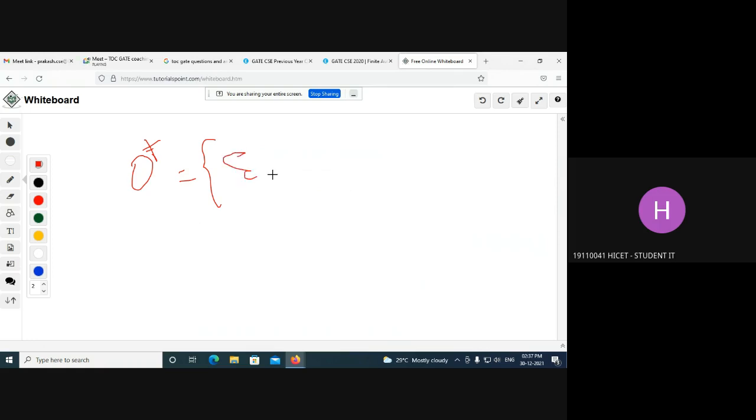Epsilon, 0, 00, 000, 0000, and it keeps on going like this. This is how you need to expand the 0 star. Is it clear?